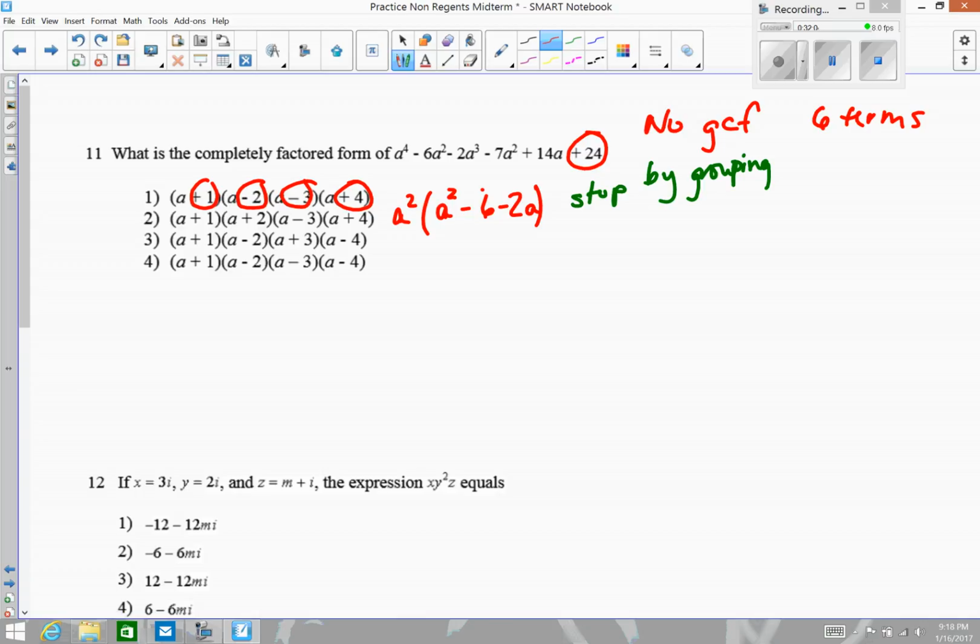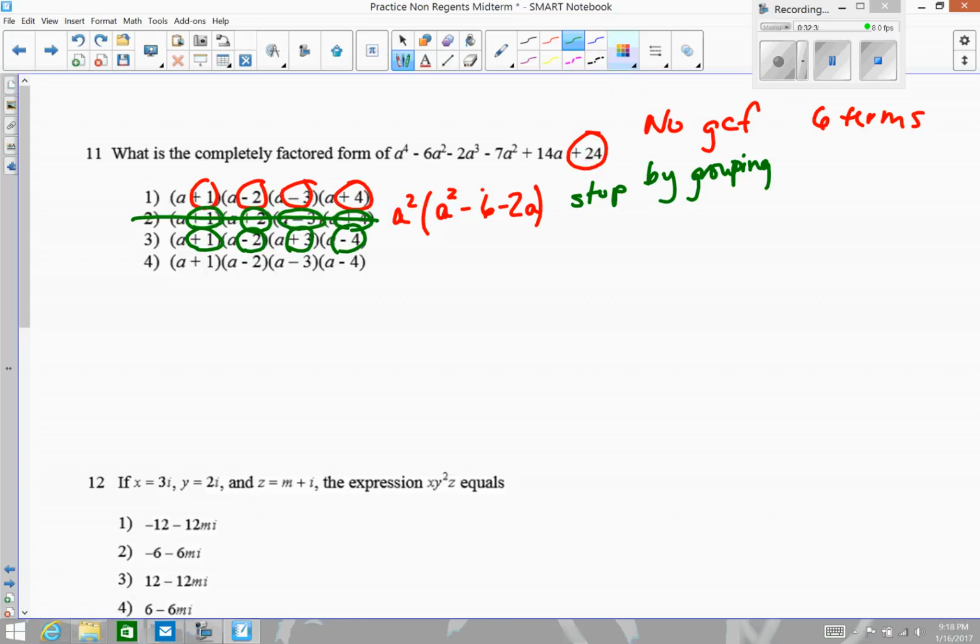If I look now at the next one and I multiply plus 1, plus 2, minus 3 and plus 4, I'm going to get a negative constant, not a plus 24. So I can just eliminate that one. If I look at number 3, plus 1, minus 2, plus 3, minus 4 does give me a 24.